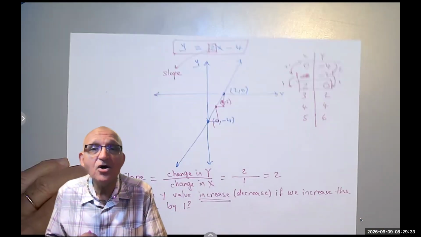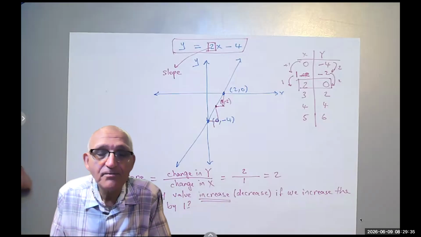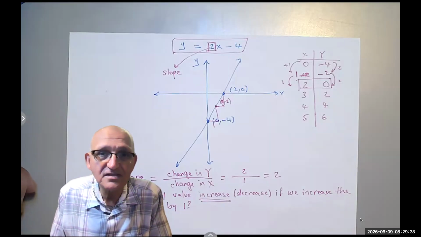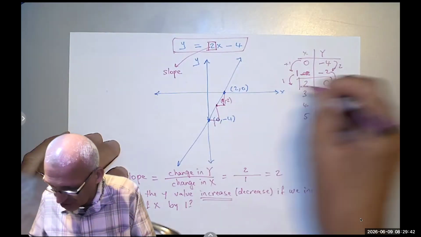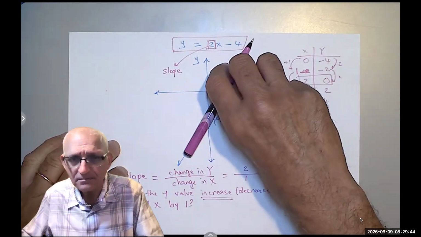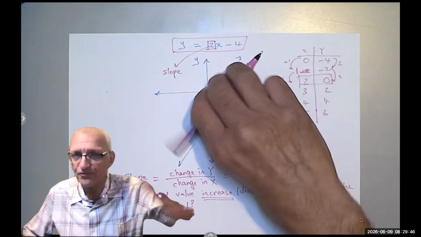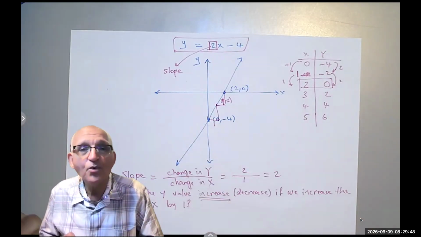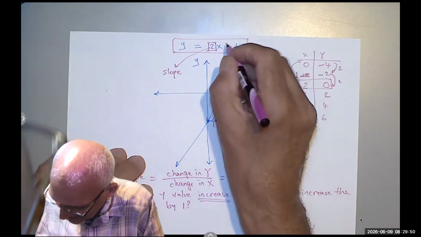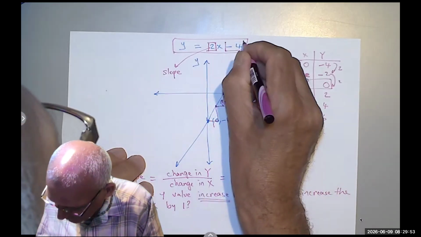This would be called the solution of this line, meaning where it crosses the x-axis. We are not going to use this term for now, but we are more interested in that guy, the -4.